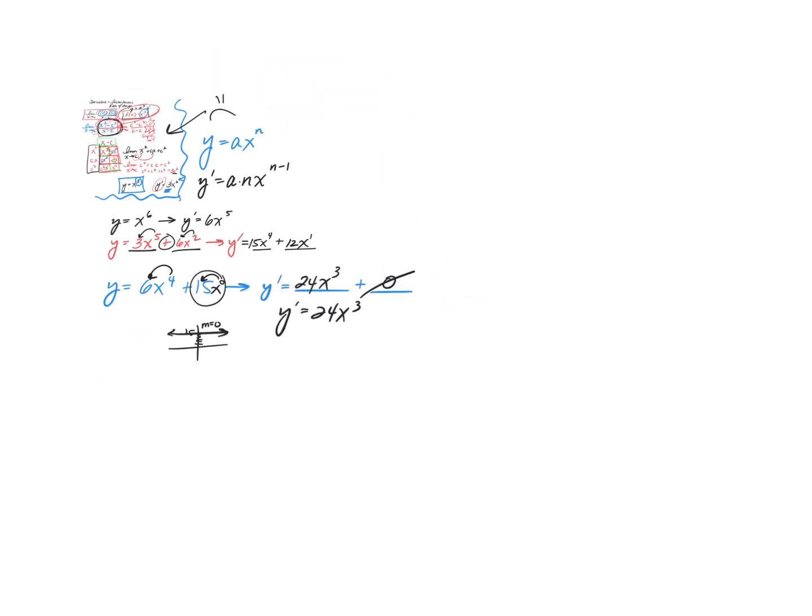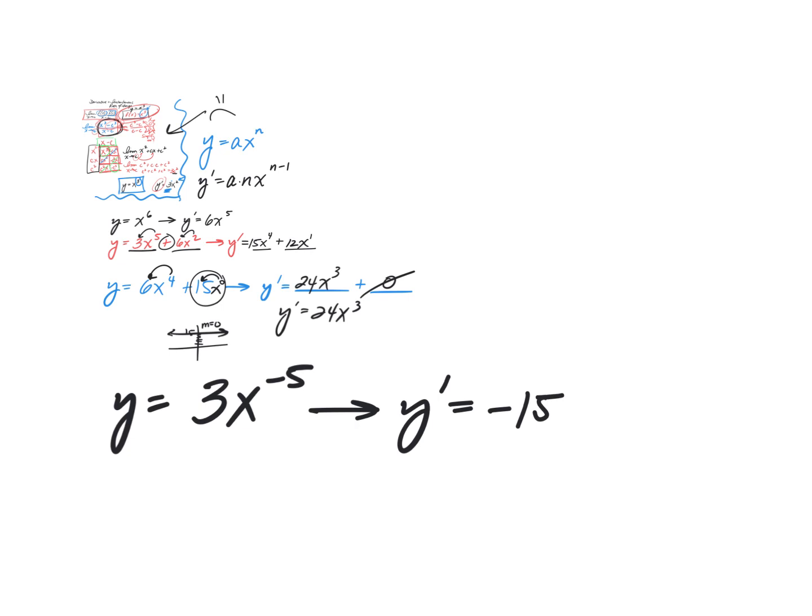Now, again, to preview the things that are going to give you trouble, these first ones are pretty straightforward. Where it gets trickier is when you have negative exponents. Okay, so let's say you have, let's do 3x to the negative 5th. If we want to take the derivative, it's still the exact same thing. That power rule applies to all power functions. But see if you can guess where the mistake is.